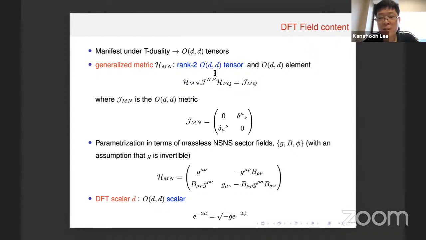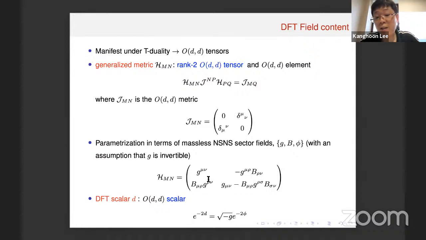O(D,D) element means that it satisfies this relation where J is the O(D,D) metric. If we do the diagonalization, it really becomes 1 and minus 1. But here we are dealing with the off-diagonal representation. And then we can solve this equation explicitly.